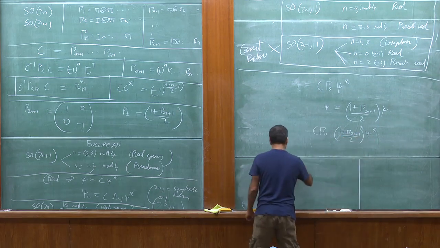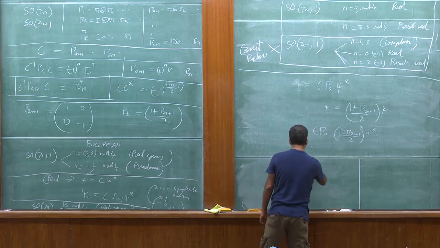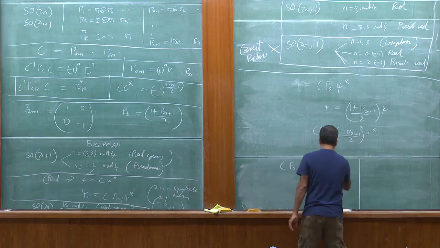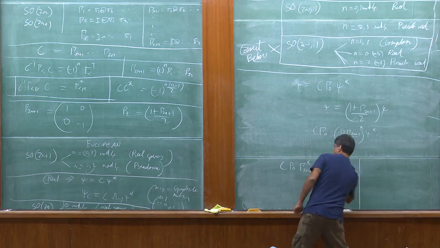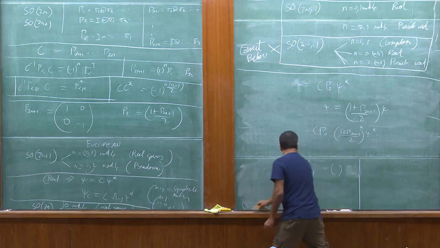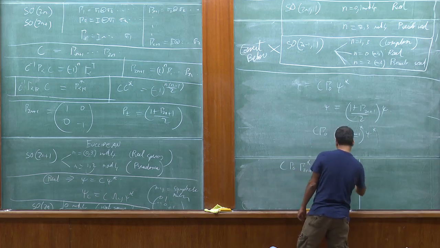So I want to know C gamma 0 gamma 2n plus 1 star. I want to write this as plus or minus gamma 2n plus 1 star times C gamma 0.